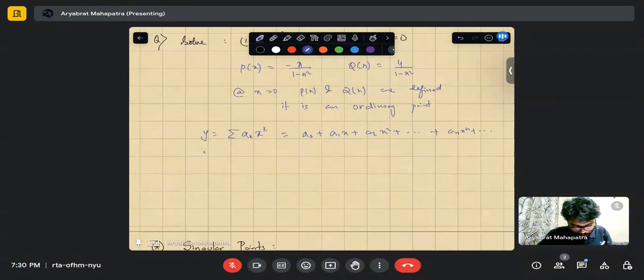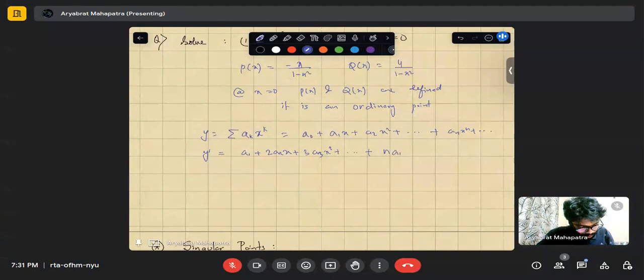Then you take its derivative y prime. You will see a1 plus 2 a2 x plus 3 a3 x cube, and so on.